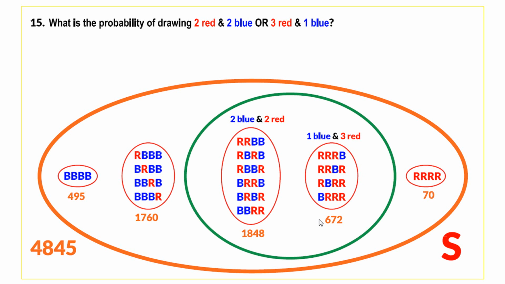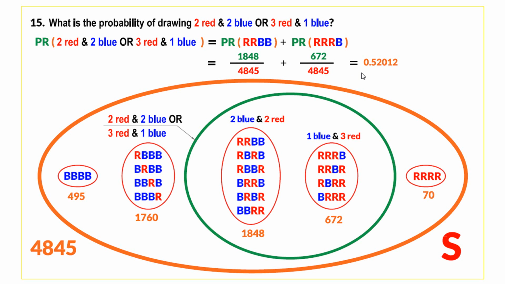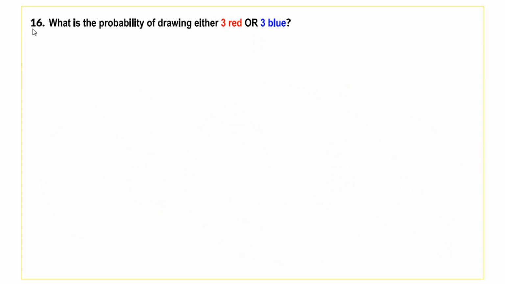Their union is the event 2 red and 2 blue or 3 red and 1 blue. So the probability of this event equals the sum of the probability of each individual event, and that is equal to 0.52.